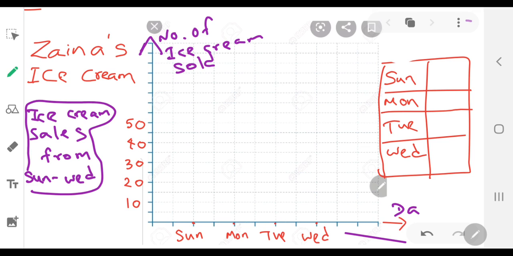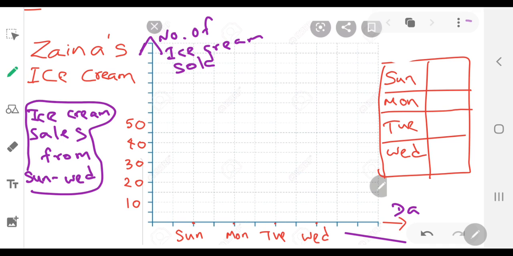I can put them into their fields or labels, and I can just monitor the trend by using graphs. So there's no rocket science here, there's no magic here. A graph is a simple representation of data.